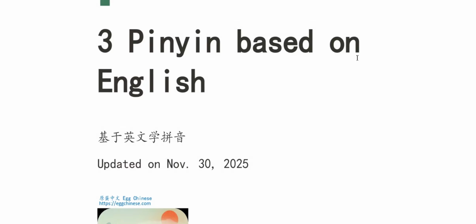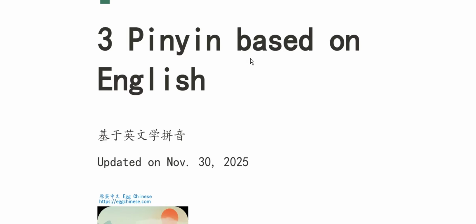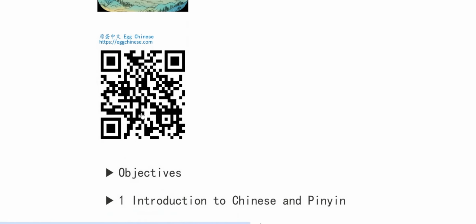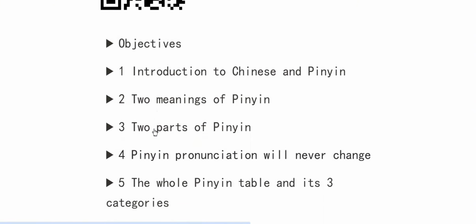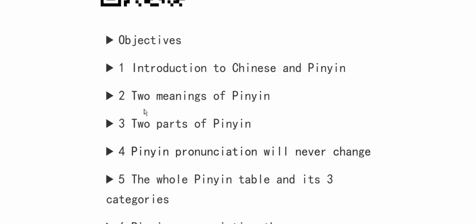From today, we will start the Pinyin based on English. So this is our website at chinese.com, and this is a QR code for our website. Today we will talk about 5 topics from 1 to 5.